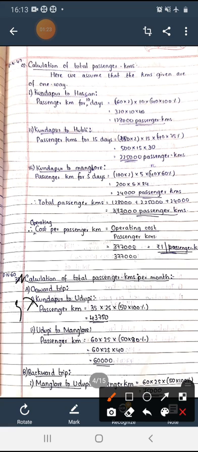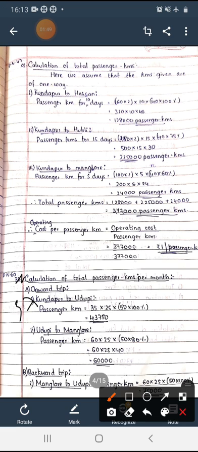The capacity of the bus is 50 passengers and the bus makes a round trip from Kundapur to Mangalore on an average 25 days in a month. You are required to compute the cost per passenger kilometer of operating the bus. Assuming 10% profit on takings for the company, work out the bus fare to be charged between Kundapur and Udupi and Mangalore for each passenger. Okay, this is the problem.